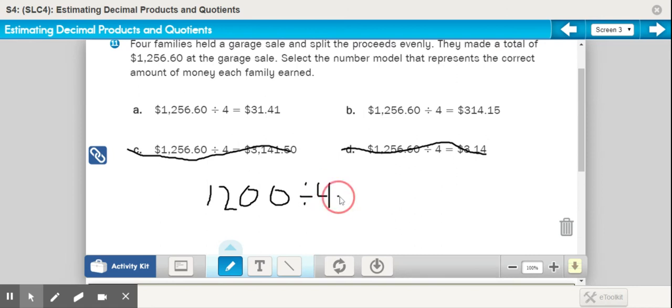That would be my estimate because I know 12 divided by 4 is 3. And then I have no zeros to cancel in my divisor to my dividend, so then I have to add 2 to my quotient. So then that tells me that they should be getting all about $300. So which one's correct? Right, B.